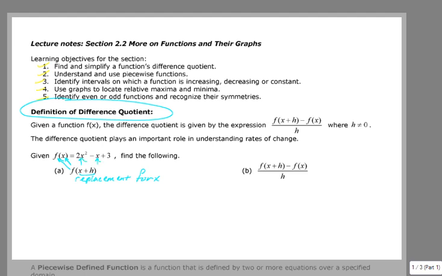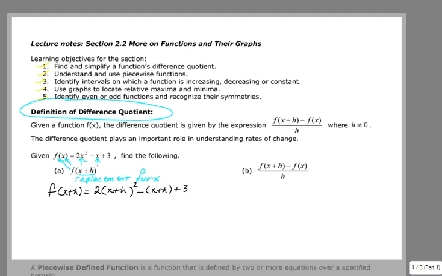So let's see what that's going to look like. f of x plus h is going to be 2 times what? Instead of x, it's going to be our replacement, x plus h. But the function says we need to square it. Minus, in the function it has an x, but the replacement is x plus h, and then plus a 3.